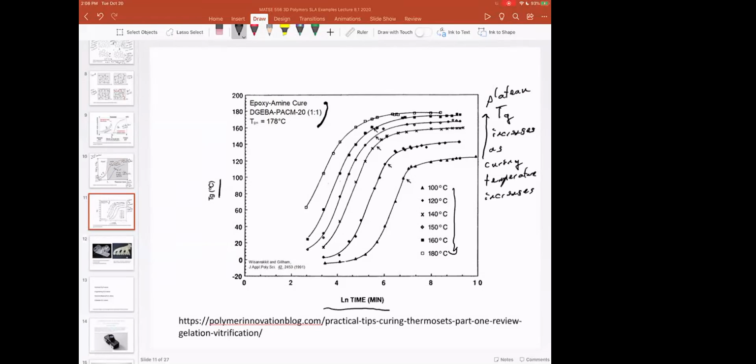So if you want a high temperature material, you need to cure it at high temperatures. And of course, we know that all of the acrylate photopolymers that we've talked about so far are generally around room temperature. And so you'll see a lot of the cyanate ester chemistry that we talk about will be a higher temperature cure. And so we'll talk about that when we get to those chemistry slides in a second.